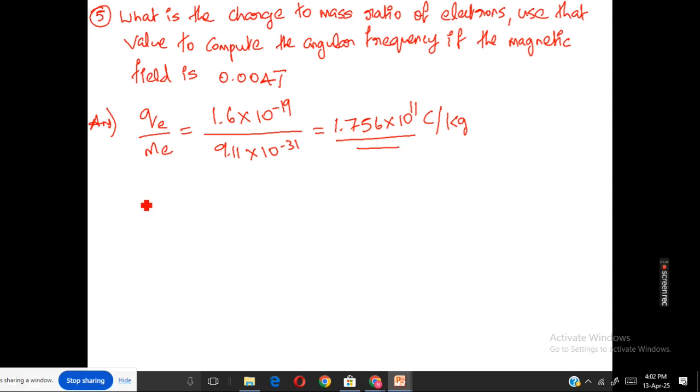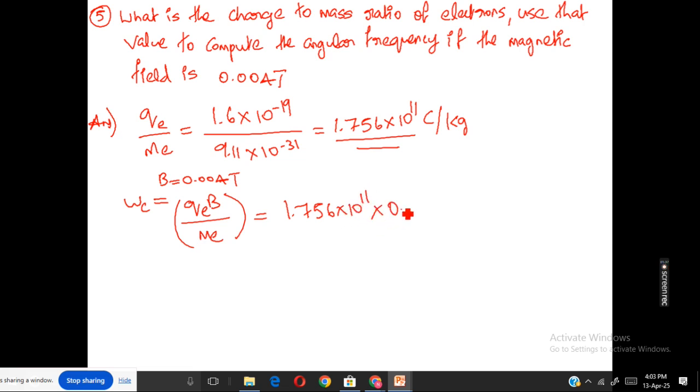Now calculate the angular frequency omega c if the magnetic field is 0.004 Tesla. Magnetic field is given as 0.004 Tesla. Now the angular frequency omega c is given by QB by M. So QE by ME we know is 1.756 into 10 raised to 11, and the magnetic field is given as 0.004.